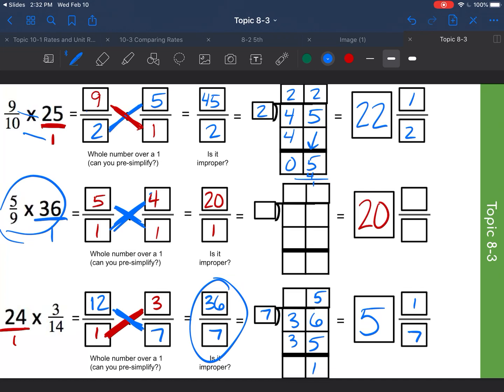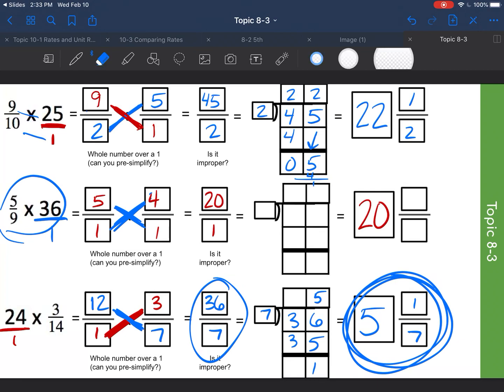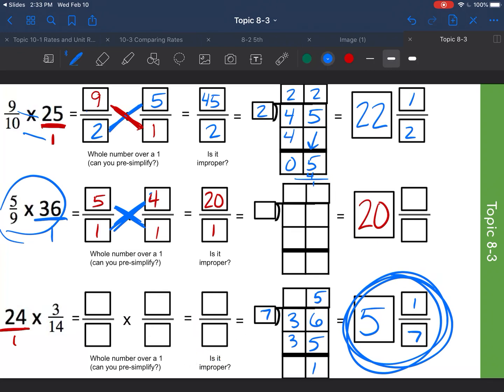Now, the reason why we pre-simplify again, guys, okay, is because most of the time if you pre-simplify, you will not have to simplify at all at the very end, okay? If you're like, Ms. Rothstein, I don't want to pre-simplify. I just want to keep my numbers exactly the same. So, for example, for this last one, I would just do 24 over 1 times 3 over 14, all right?